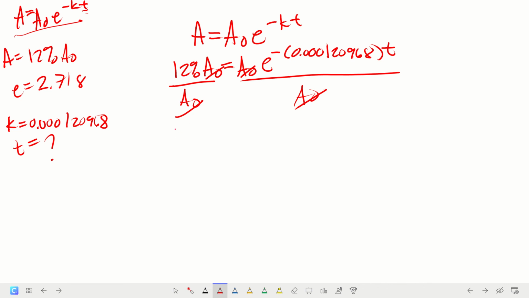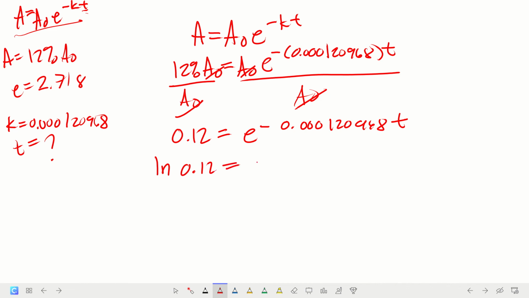So 12% is the same as 0.12. So ilagay na lang natin 0.12 is equal to e raised to negative 0.000120968 times t. And we can now express this in the logarithmic form. So the natural logarithm of 0.12 is equal to the natural logarithm of e raised to negative 0.000120968 times t.